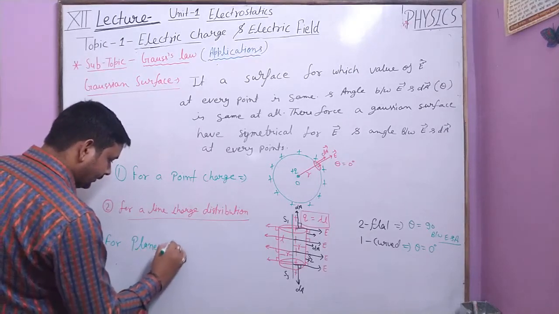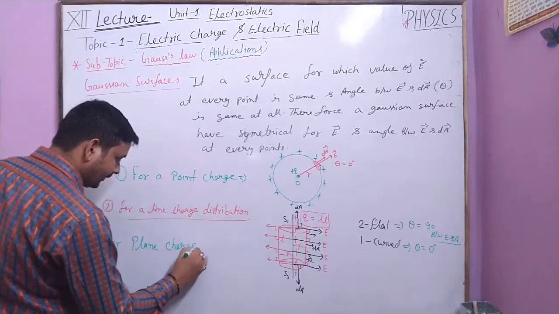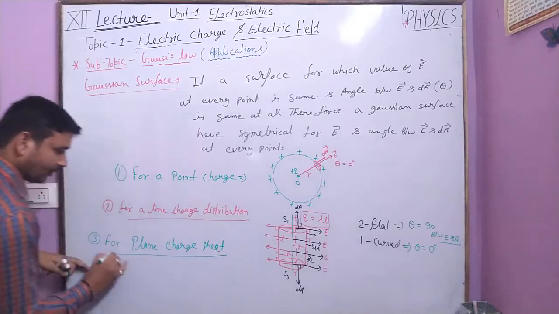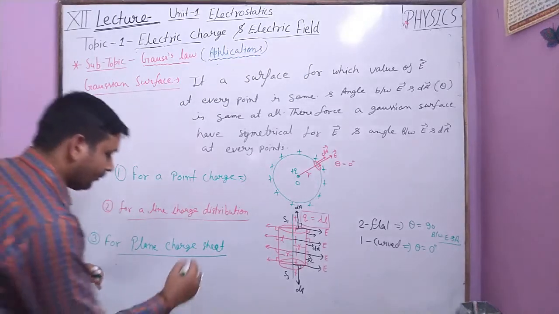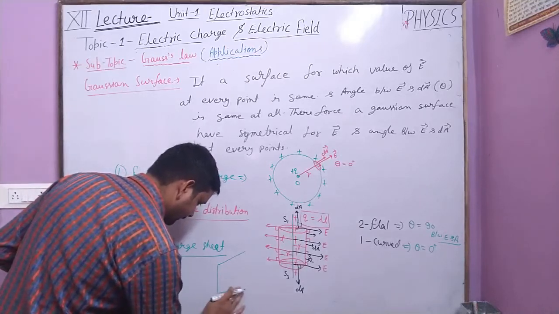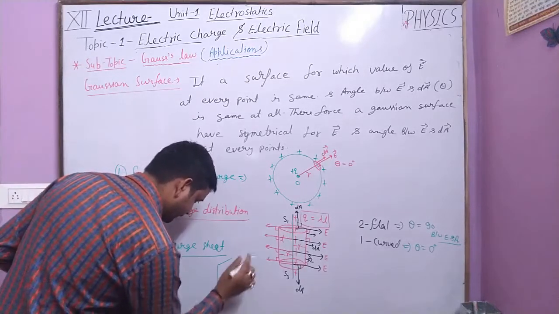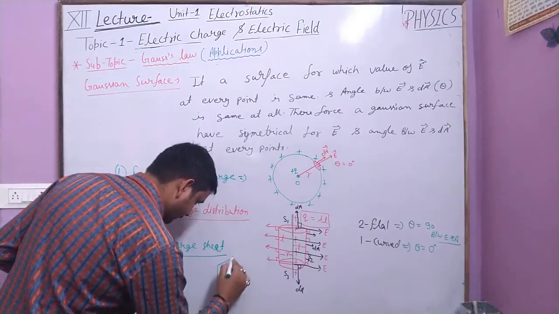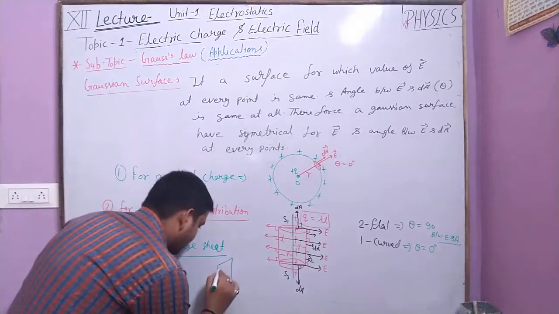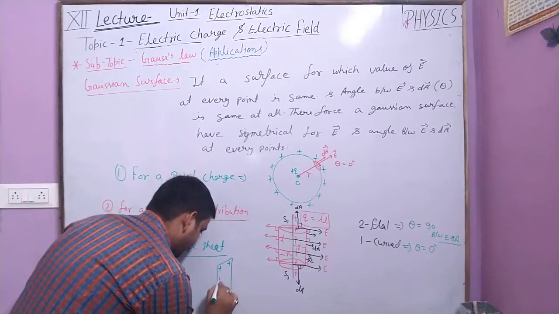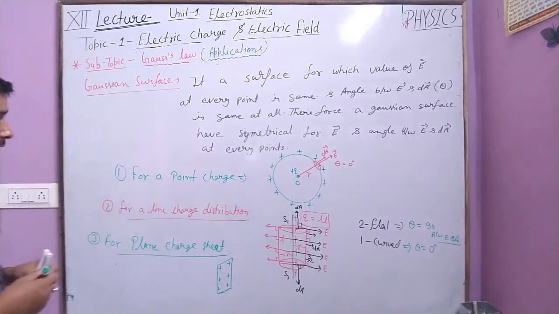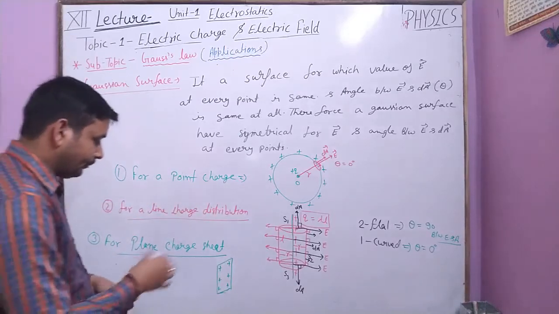And the third kind of surface which we discussed here is for a plane charge sheet. If you are given a plane charge sheet, you can consider here that the charge is uniformly distributed over the surface of this sheet.